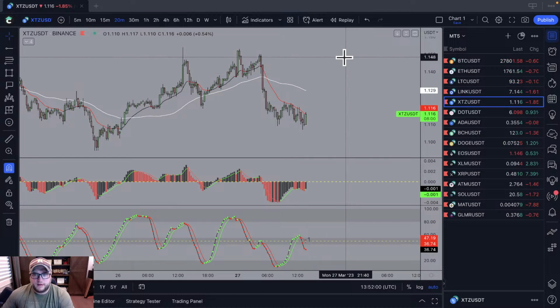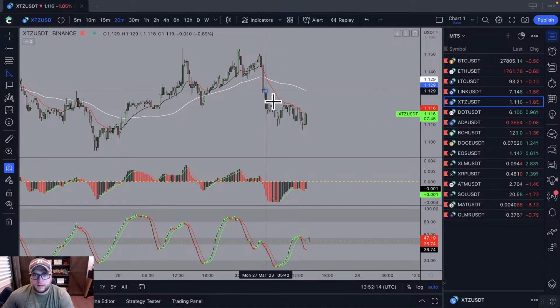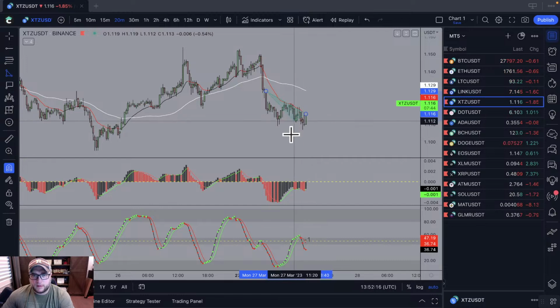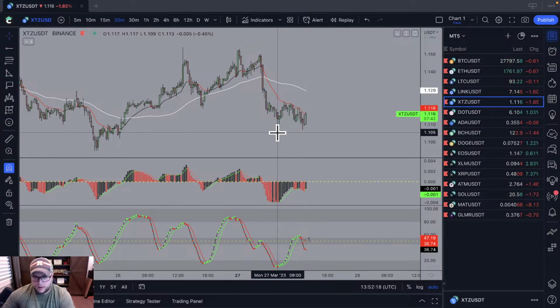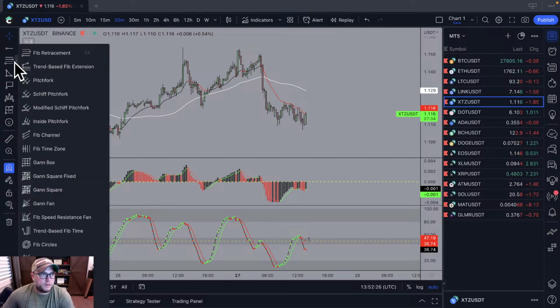Here's XTZ. XTZ, we have a pennant or a flag, whatever you want to call it. Let me see if I have it on here. Yeah, it's not going to work. But we can draw it like this. I know there's a drawing tool on here.